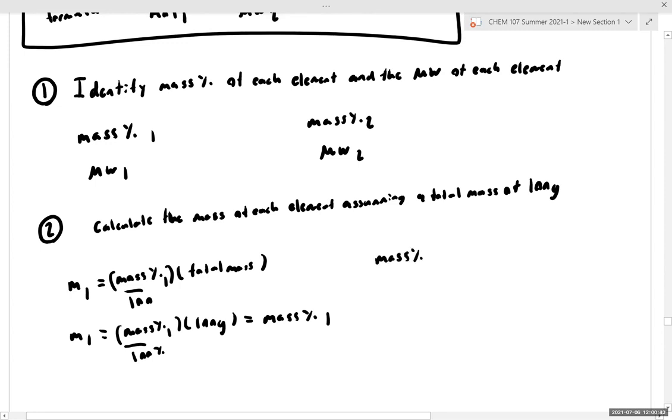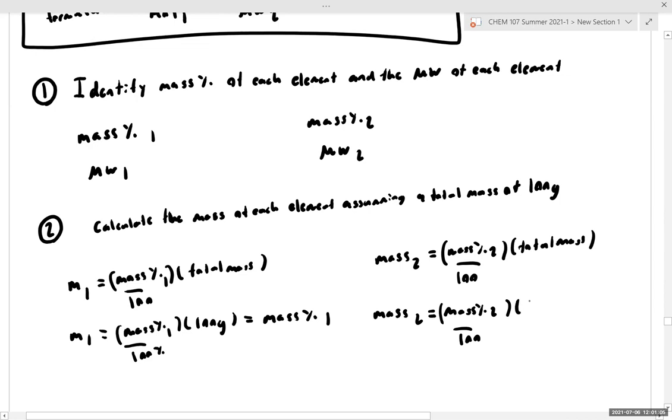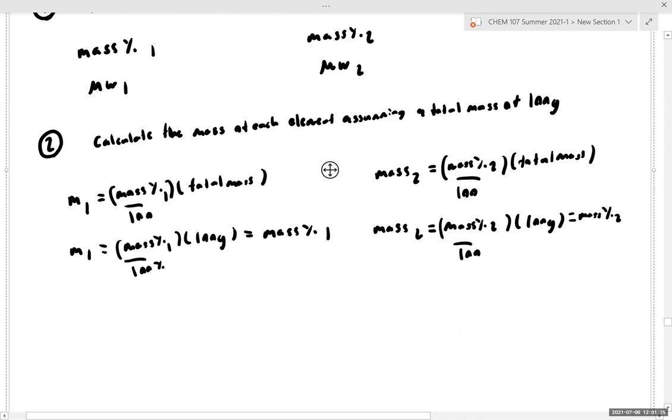We can repeat this process for our second element. Again, we're solving for the mass of each element using the mass percentage and the total mass. Okay, so now that we have the mass of each element, we're next going to calculate the moles.